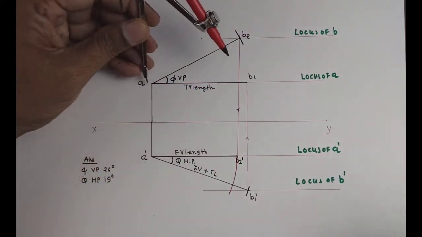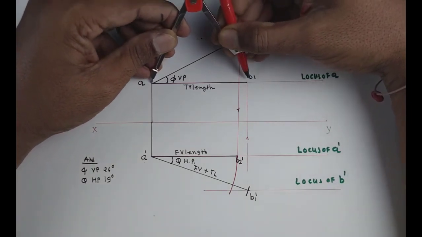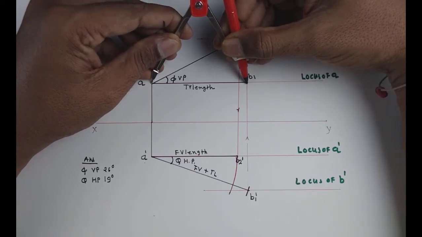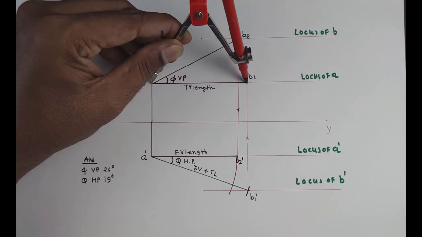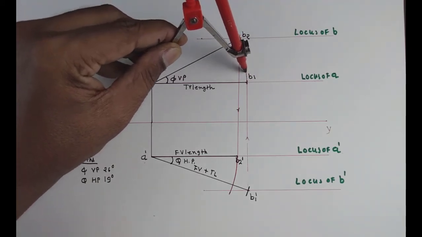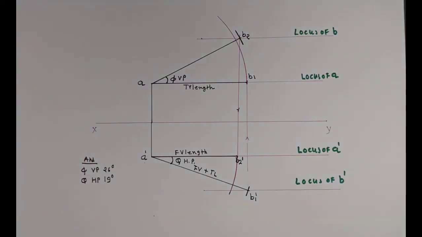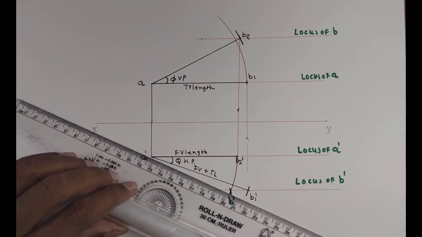Similarly, you take the distance A to B1, it is your top view length, and you rotate your top view length toward the locus of B. Now this is your elevation point B dash.